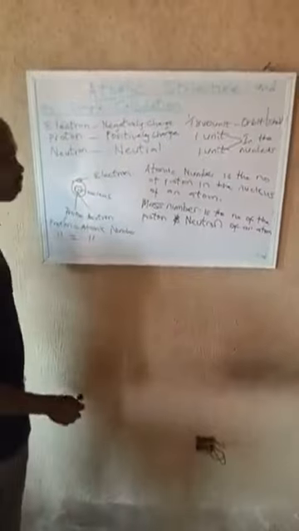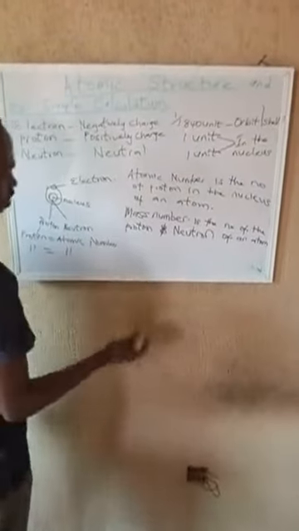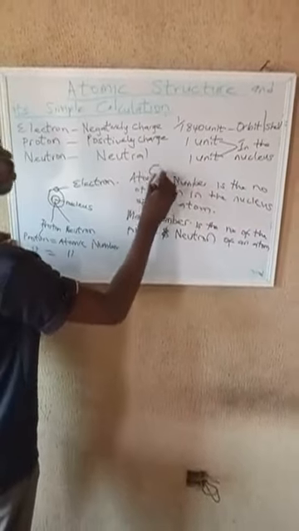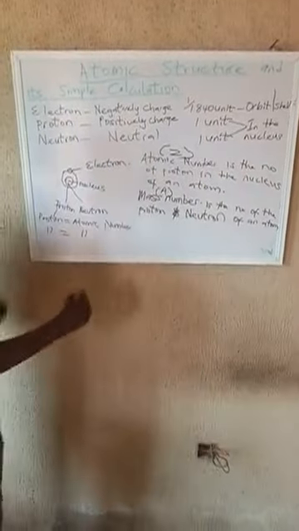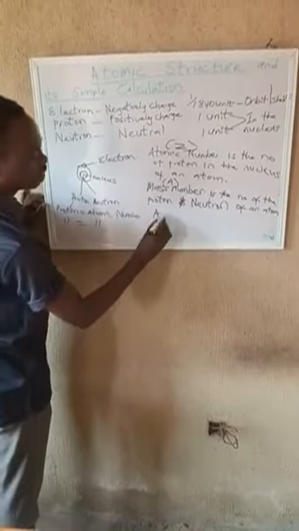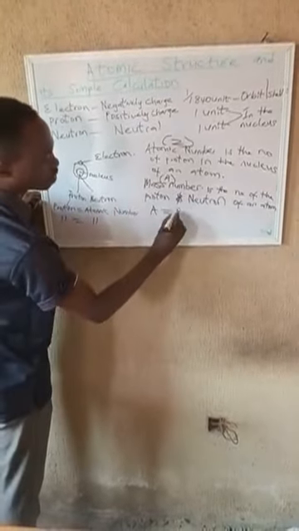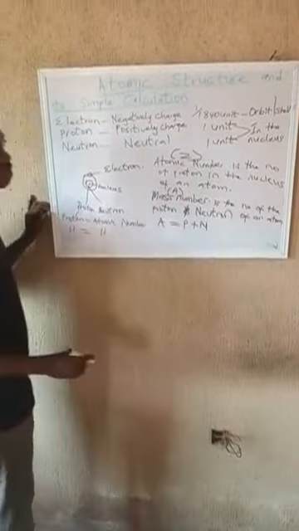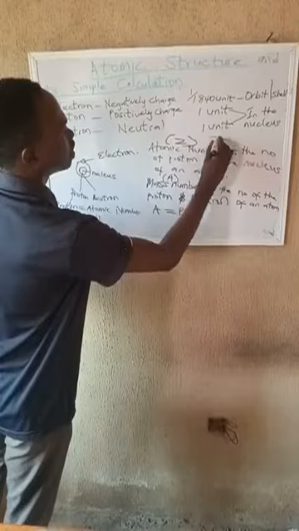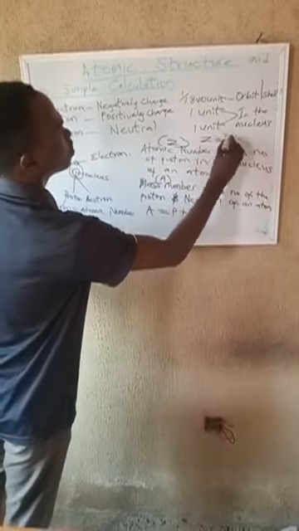The mass number, the symbol is A, while the atomic number, the symbol is Z. So we can now say the mass number, which is A, is equal to the number of protons plus the number of neutrons. While the atomic number is equal to the proton number.